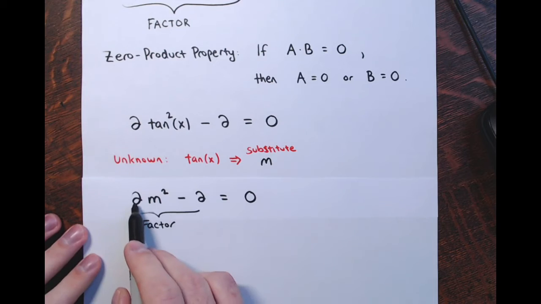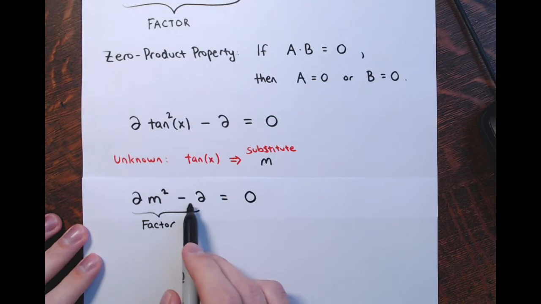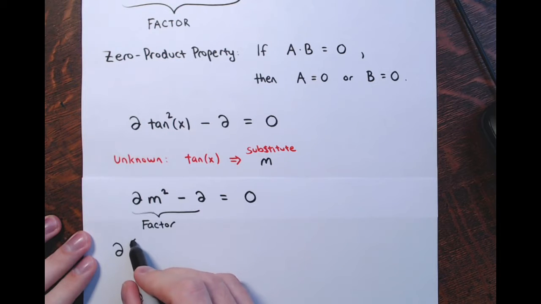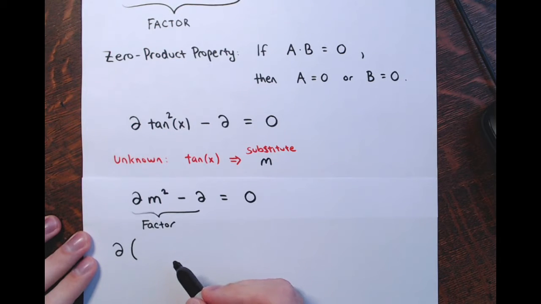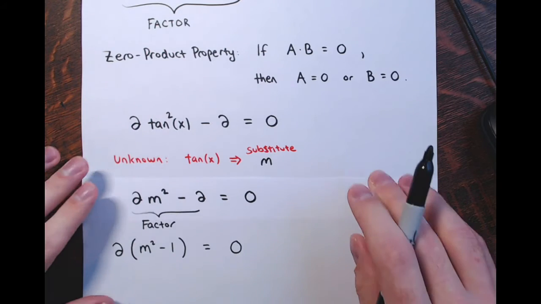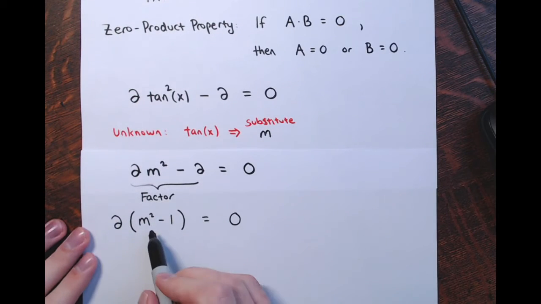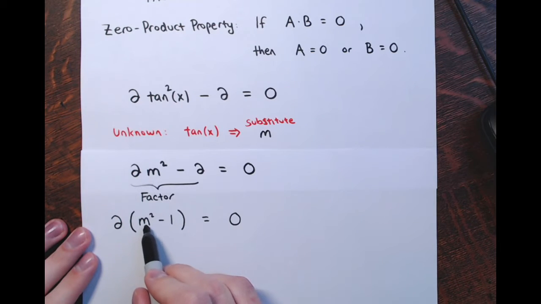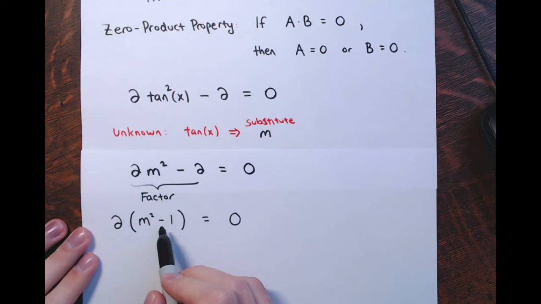Now the greatest common factor is the first thing you should pull out. Notice that both these terms have 2 in common. So I can factor out a 2 right now, and if I do that, what's left over would be m squared minus 1. And this is still a product equal to 0 here, and the m squared minus 1 is one of those difference of two squares, right? This is m squared minus 1 squared.